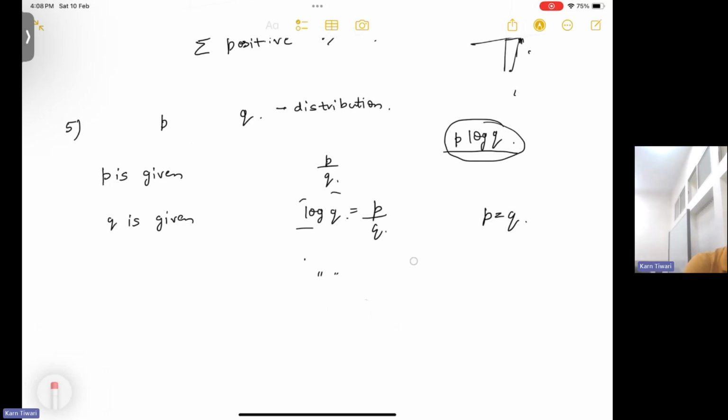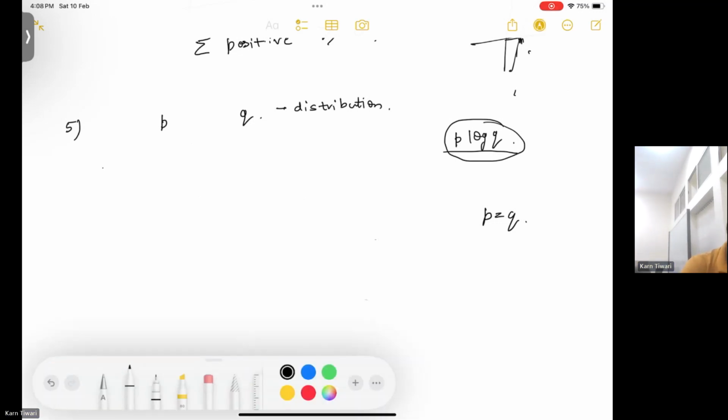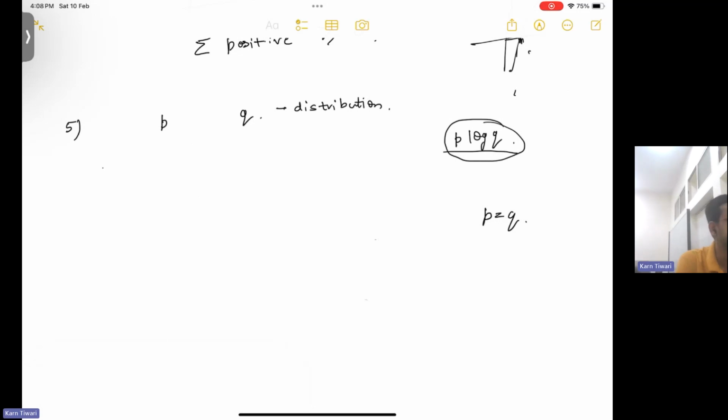So each and every term should be equal, and that's where each thing will be 0. That satisfies that the cross entropy is minimized.